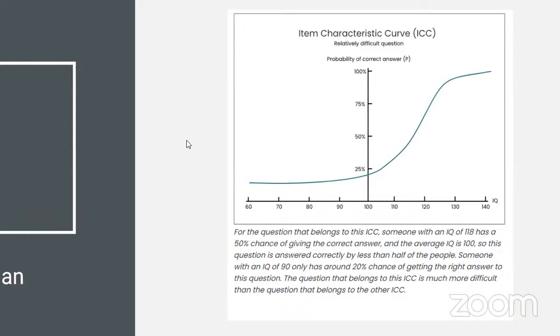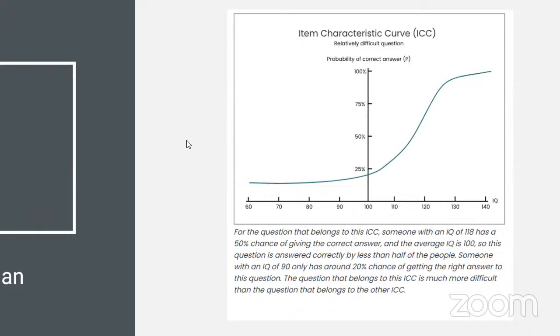So here it is the 50% probability when the score is 118. That means students who are very good are performing well, but the students who are very poor, for example, some students get the score 90, their probability of writing the correct answer is 20%.